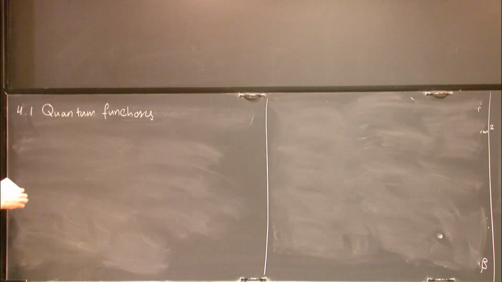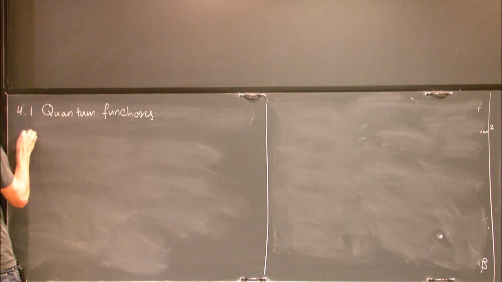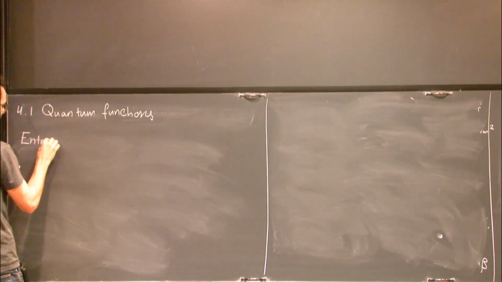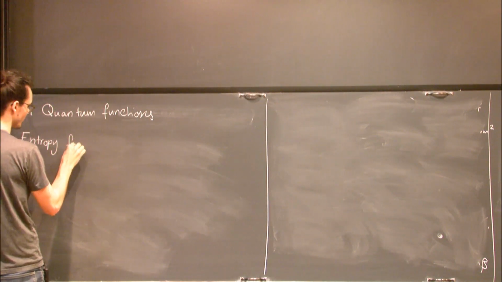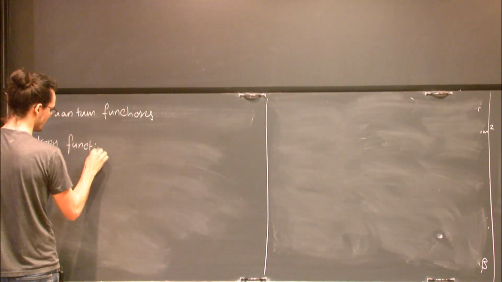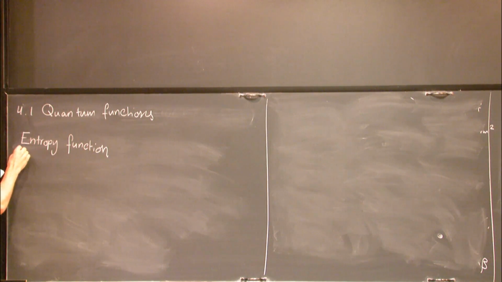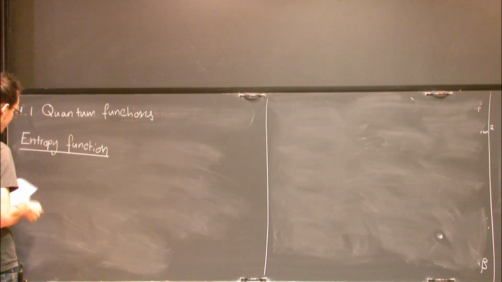So the statement is that these are elements in the asymptotic spectrum, but I haven't defined them yet. So what I want to use is the entropy function, which probably many of you know. So let me just write it down.